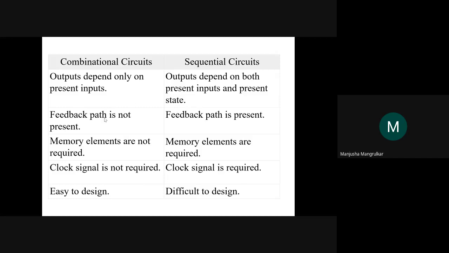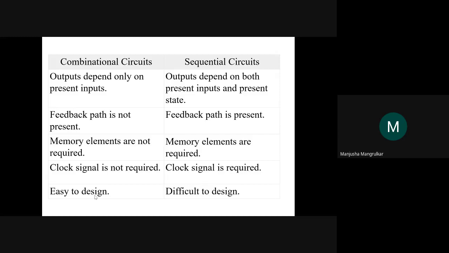The feedback path is not present in a combinational circuit, whereas in a sequential circuit a feedback path is present, right? So in a combinational circuit, no memory elements are required. In a sequential circuit, memory elements are required. In combinational, a clock signal is not required, right? In a sequential circuit, clock signals are required, right?